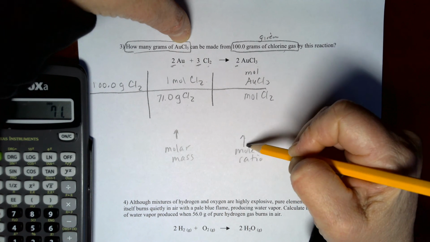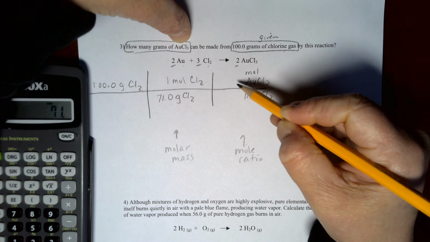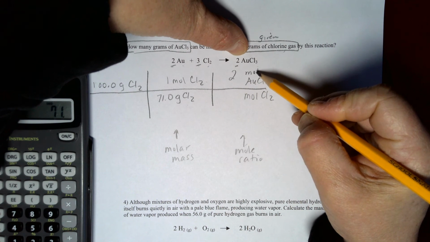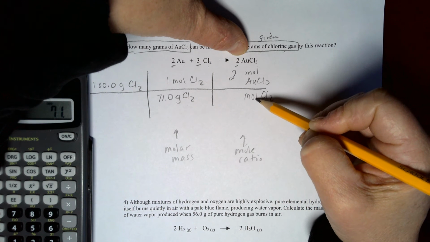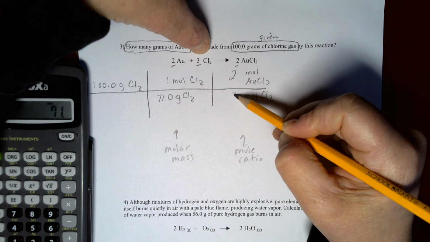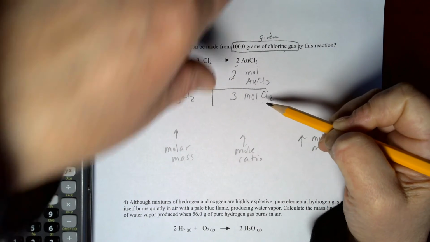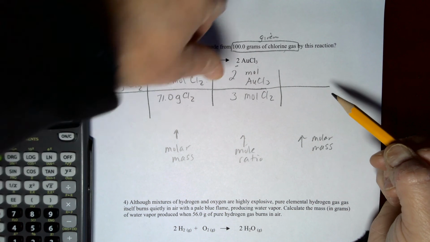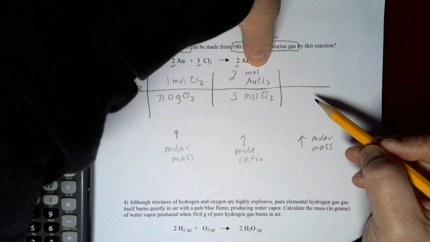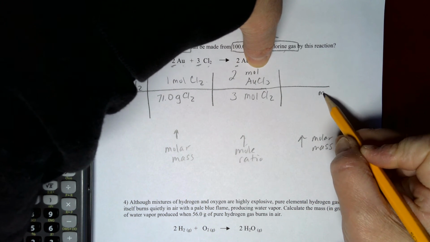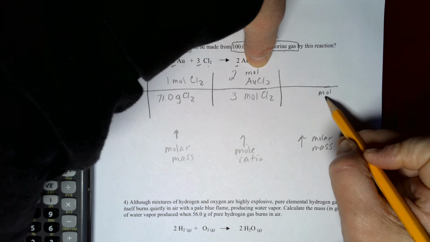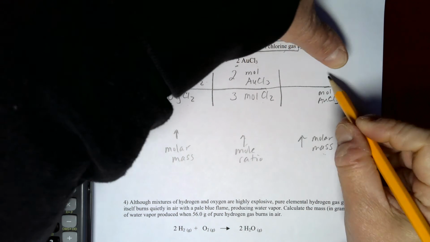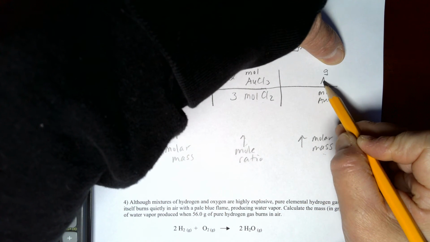So this is my mole ratio, and this is where I'm getting these numbers from the balanced equation: 2 moles of AuCl3 over 3 moles of Cl2. Last fraction: I'm going to take that unit in the numerator of the previous fraction, and that's going to go in the denominator of my new fraction. So moles of AuCl3. But this one's going to be molar mass, so I'm going to grams of AuCl3.